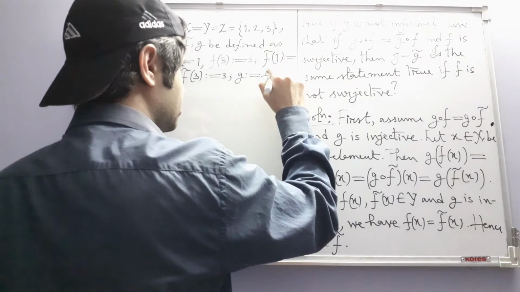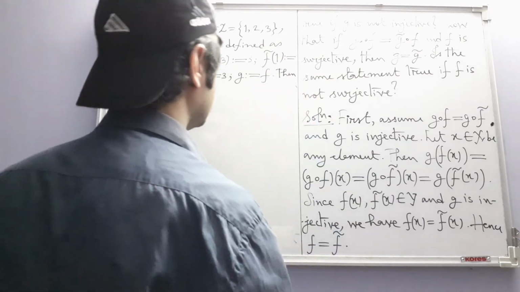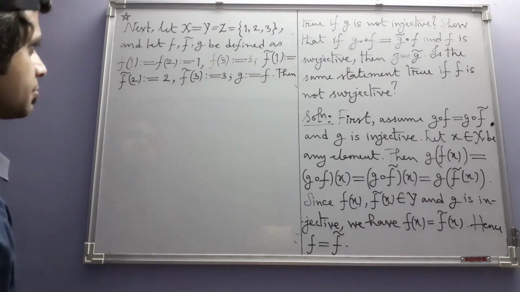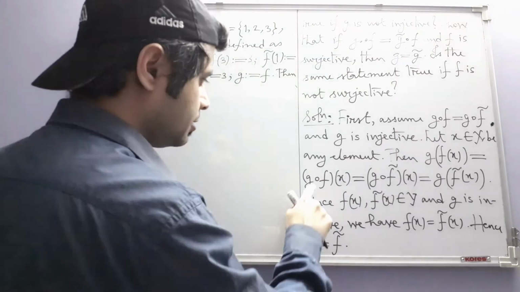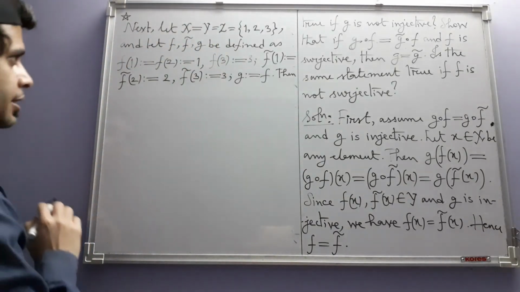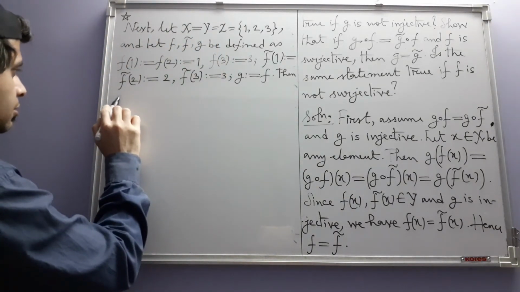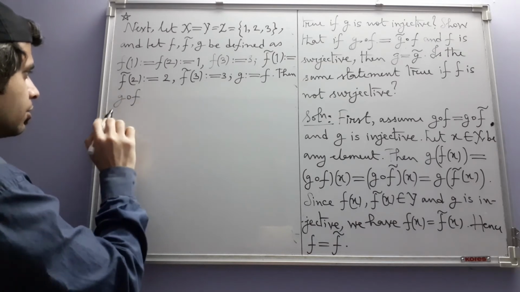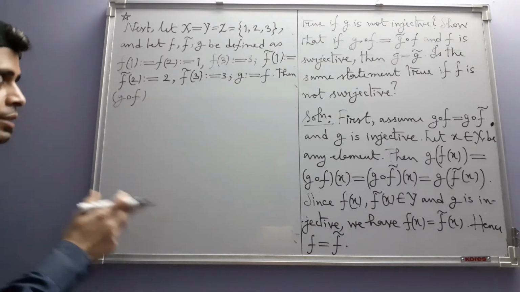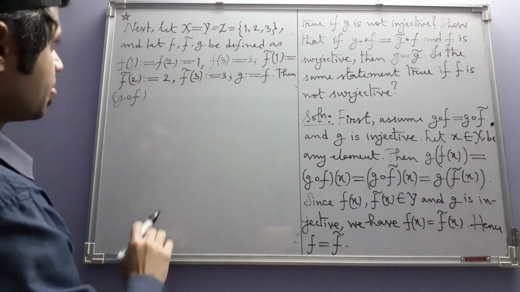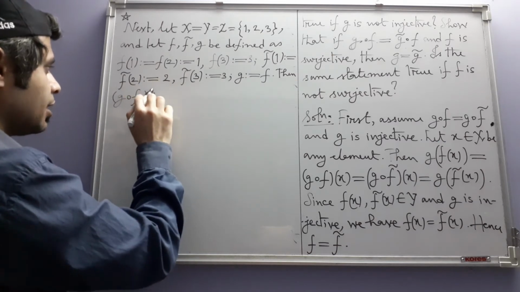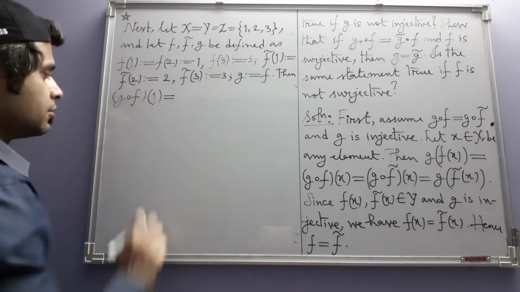Okay, now what do we get from this particular example? We need to look at g composition f and g composition f tilde. So let's calculate these two functions. First we look at g composition f. We just need to see what this function does to the inputs. So first we calculate the value at 1.